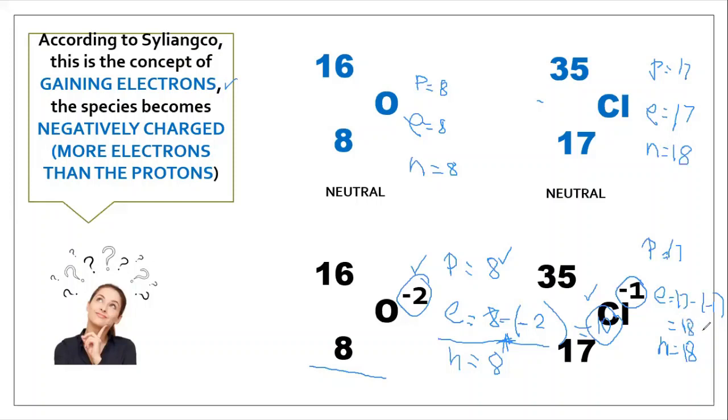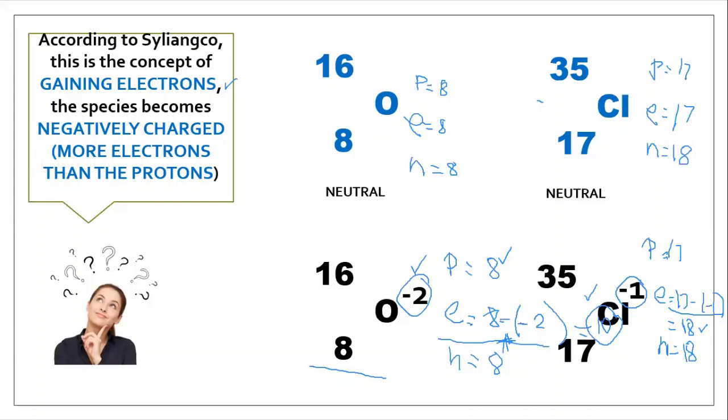Magiging 18 na siya, which is parang the same na rin siya dun sa number of neutrons natin. So therefore, mas lamang ang number ng electrons ni chlorine ng isa na electron as compared kay proton na 17 lang. That only means that the chlorine is negatively charged particle of one electron.